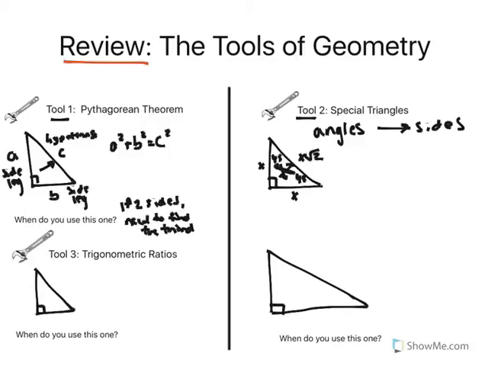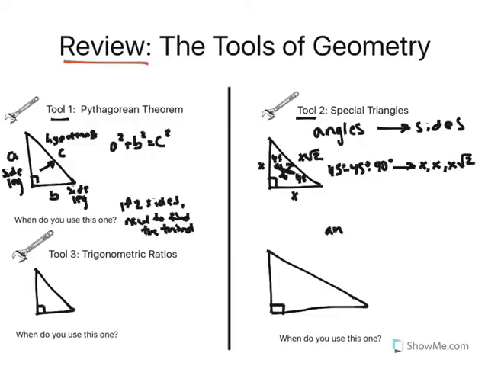The sides across from the specific angle are dictated by the angle. So if we have angles 45, 45, and 90, the sides will be x, x, x square root of 2.